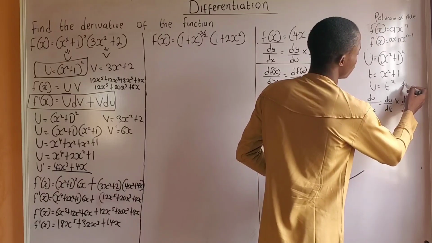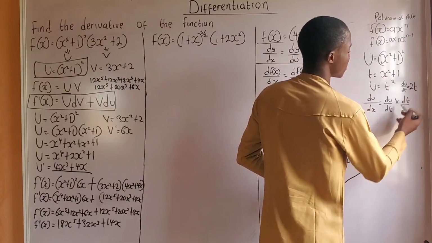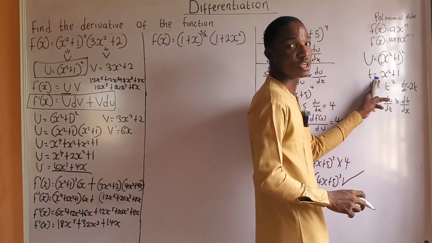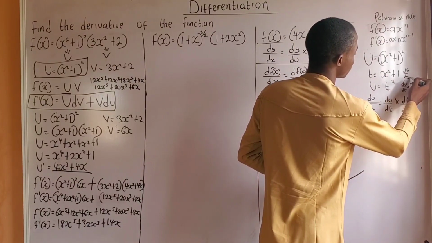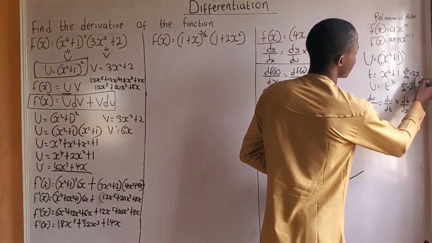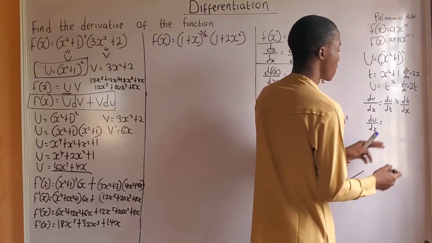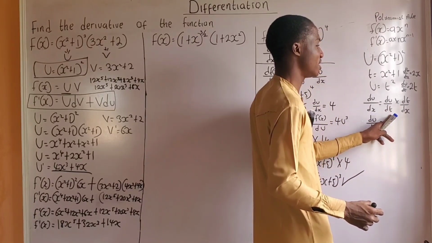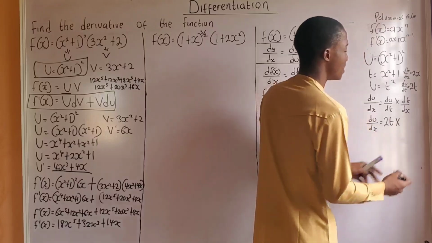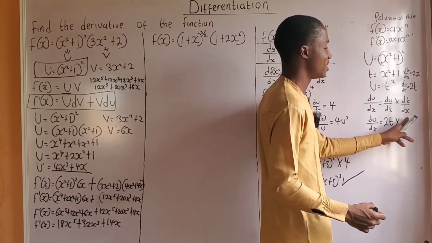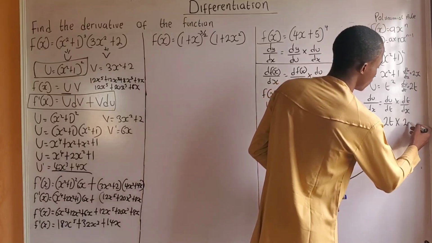The derivative of u with respect to t will be equal to what? 2t, right? Yes. And the derivative of t with respect to x, dt over dx, is what? 2x. So from this formula, du over dx will be equal to du over dt, which is 2t, multiplied by dt over dx, which is 2x.